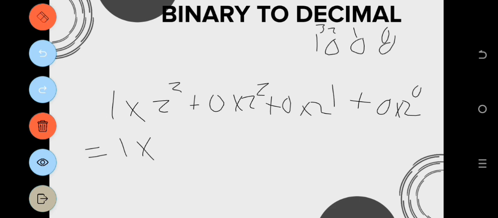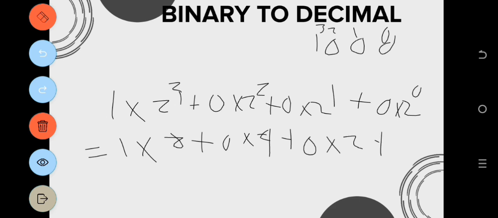1 times 2 raised to the power of 3 is 8. If you're asking how to get that, just do this. 2 times 2 is 4 times 2 is 8. Plus 0 times 2 raised to the power of 2 is 4. Plus 0 times 2 raised to the power of 1 is 2.